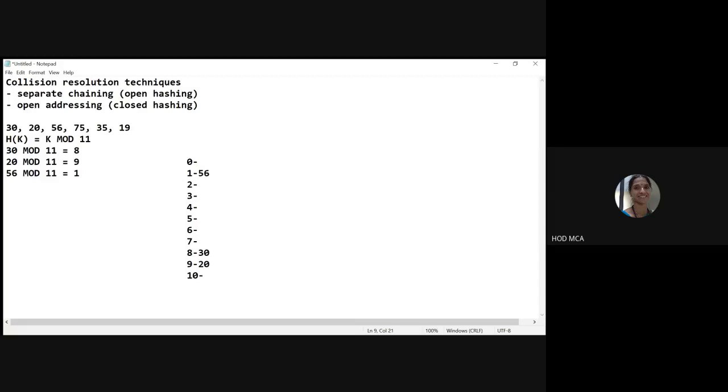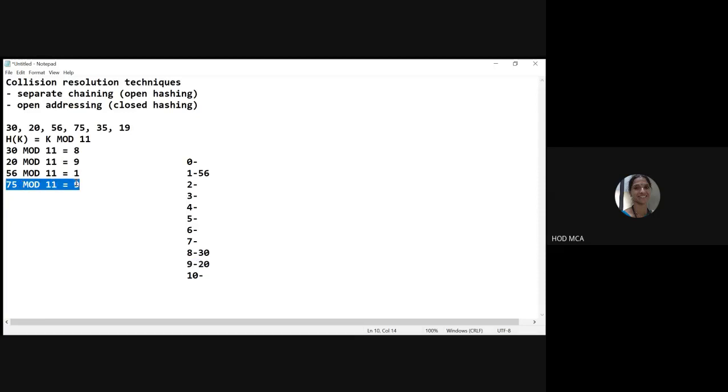Right. Next we are taking 75. 75 mod 11 would be 9 again. See, here comes the collision. In the example, we have taken 20 mod 11 is 9. Correct. So in the 9th location, what we have done? We have stored 20.